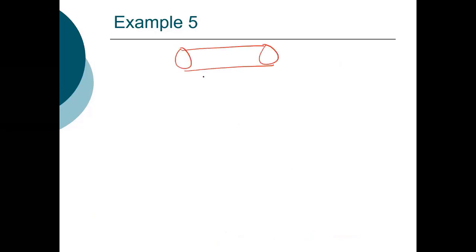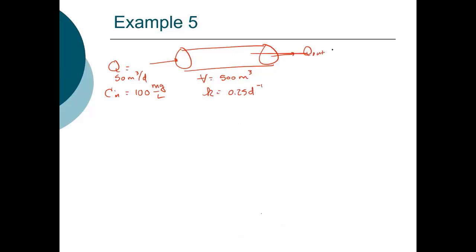We've got this pipe. The volume is 500 cubic meters. Q is entering at 50 cubic meters per day. C in is 100 milligrams per liter. k is 0.25 inverse days. Q out is 50 meters cubed per day, and we want to know C out.